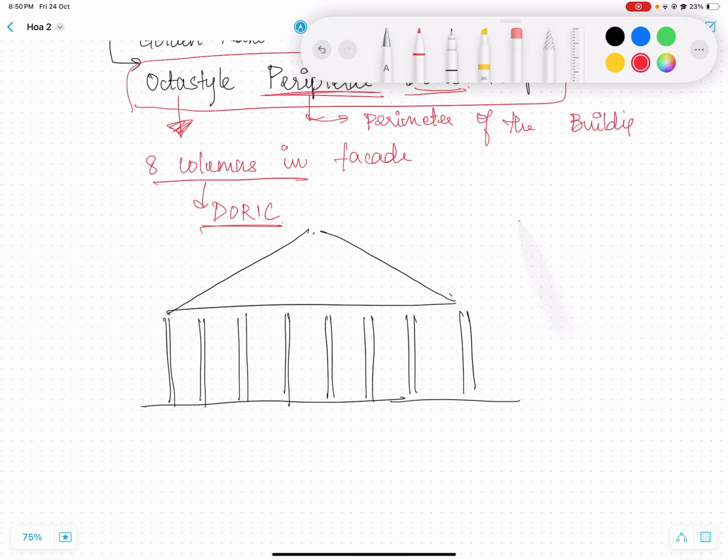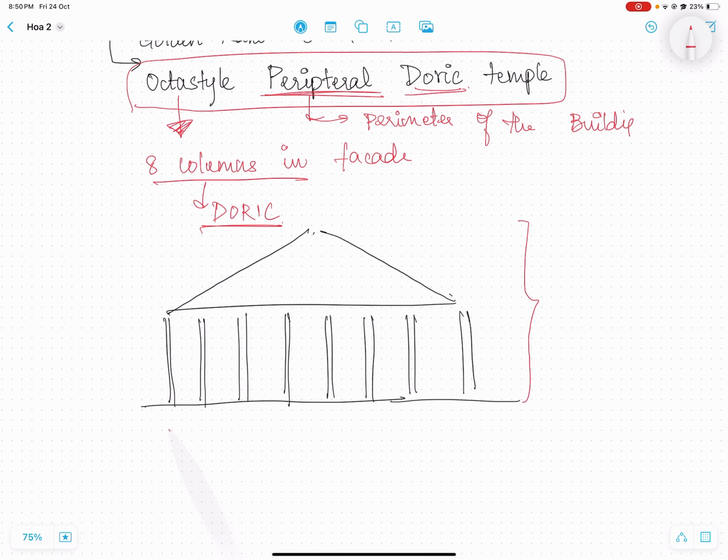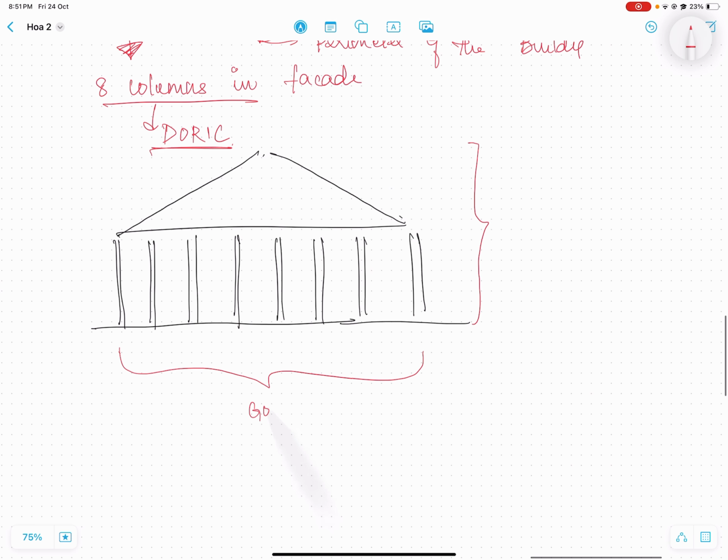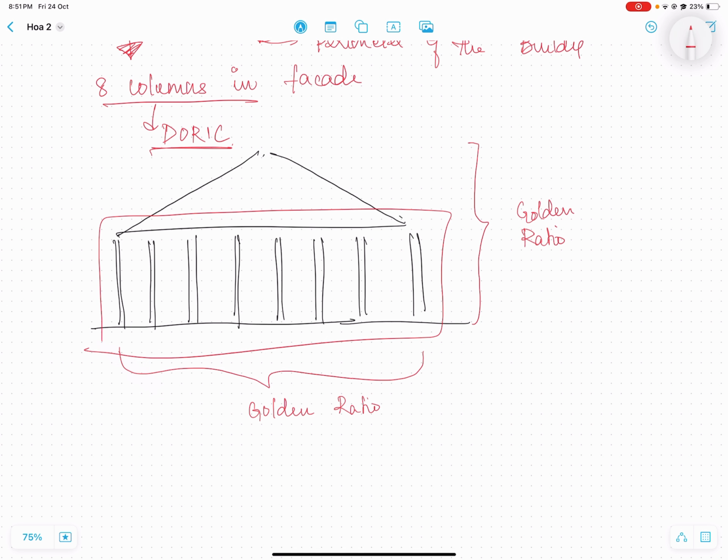Then if we consider it with its pediment on and the entire span of it, then this was in golden ratio. However, if we consider only this part, then this was in the ratio of 4:9.